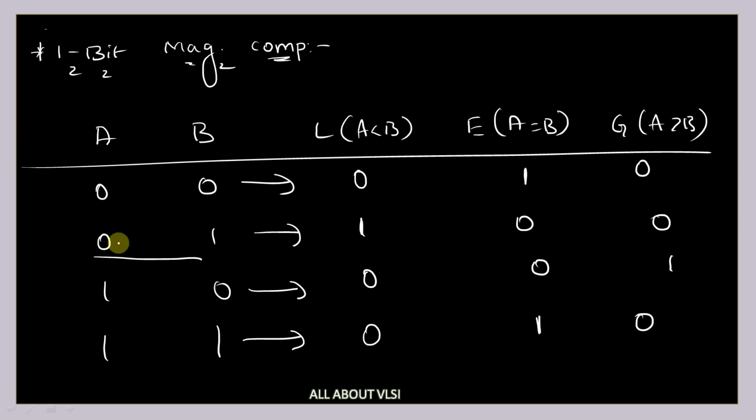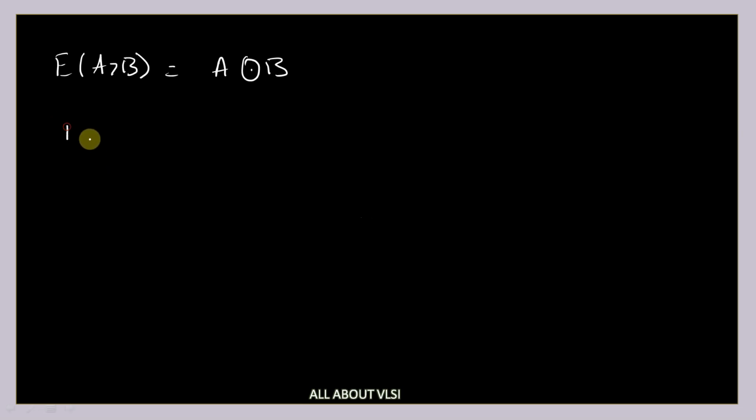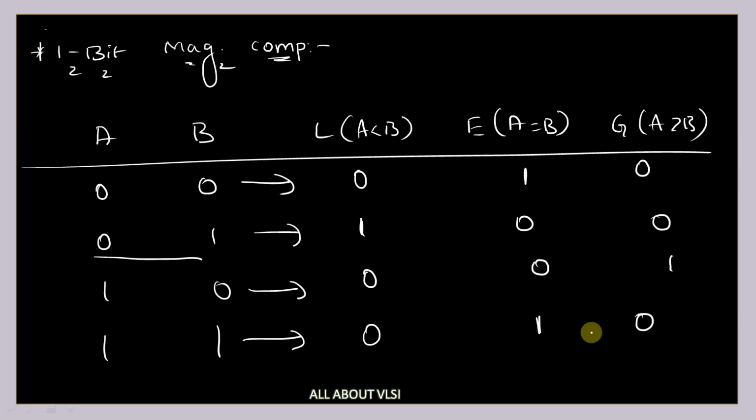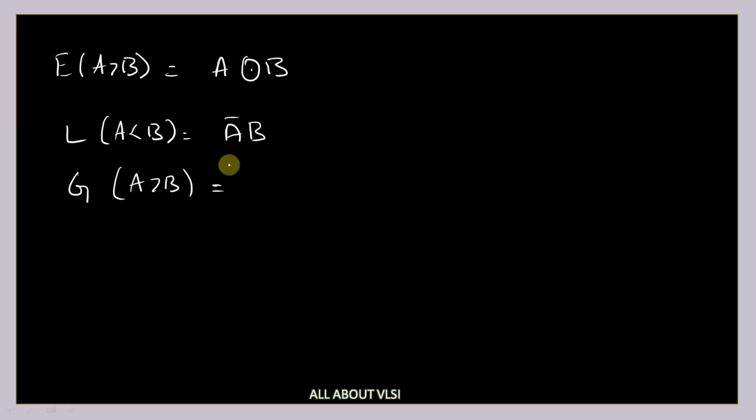We can see the minterm A bar B. So A less than B can be written as A bar into B. This output will become 1 whenever A is less than B. And for A greater than B, you can see the minterm A B bar, A into B bar. From this you can also draw the logic diagram. So this is how we are going to design a comparator.